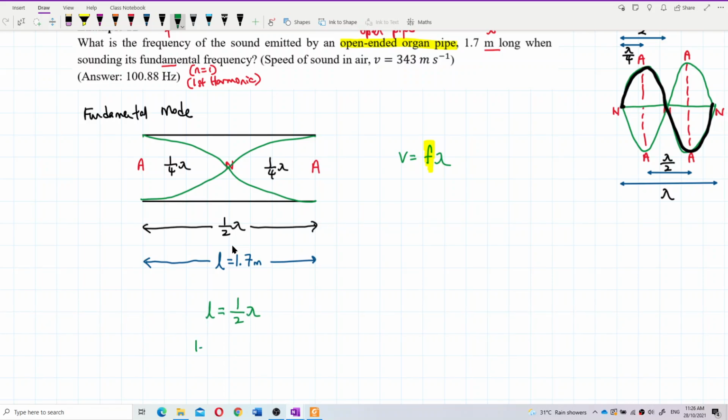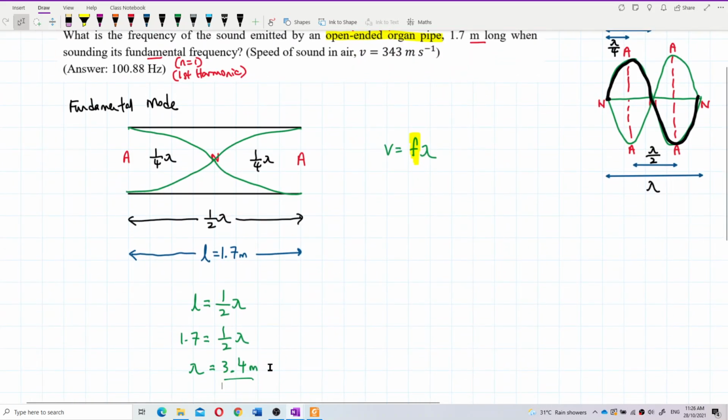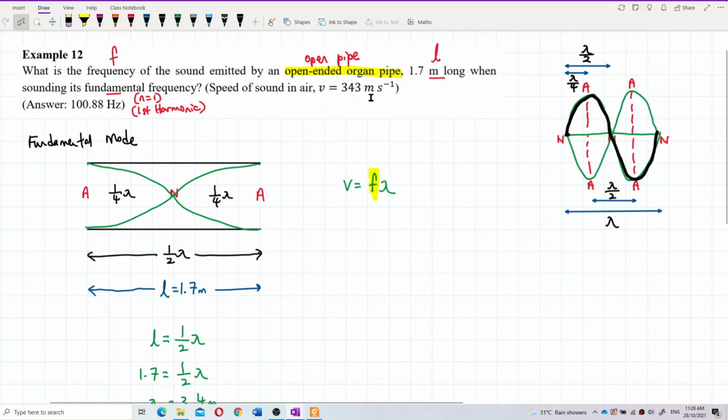So the length of the pipe is 1.7, so my lambda is equal to 3.4 meter. Is it in SI unit? Yes, already in SI unit, meter, so no need to change. The velocity is also in SI unit, meter per second.